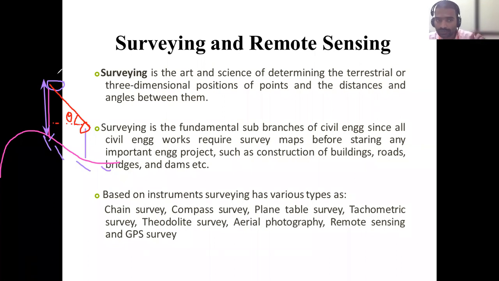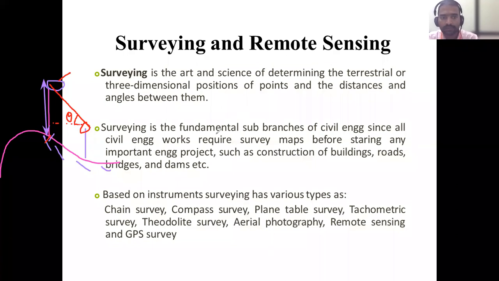इधर object कौन सा हो गया object? This is the point. Point is the electrical pole. Okay. The top of the electrical pole is the point. So height measure करना है तो that is from the earth surface. Angle measure करना है तो that is with the eyesight. So ये entire process को क्या बोलते हैं? Surveying. So again I will define.